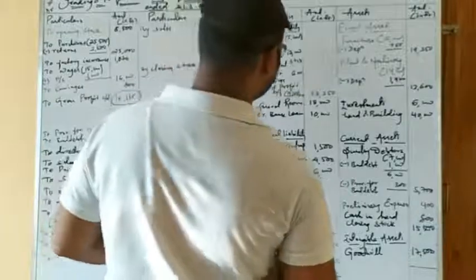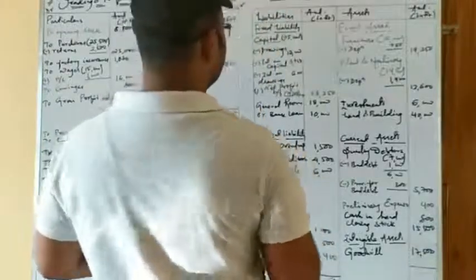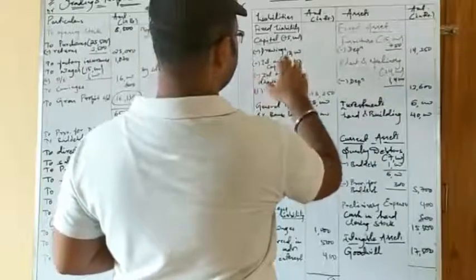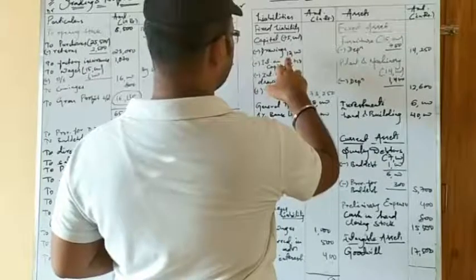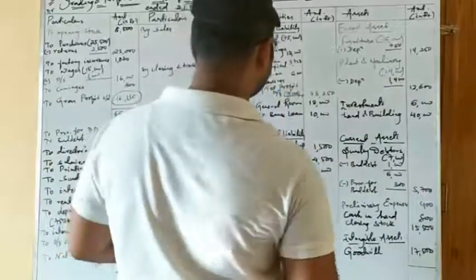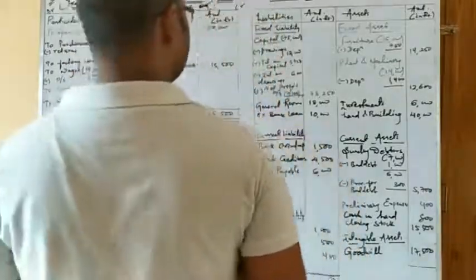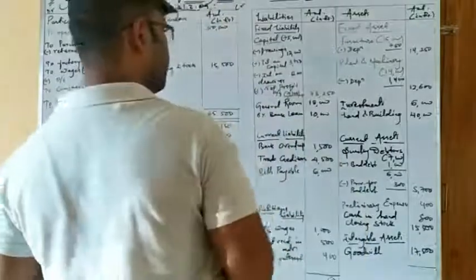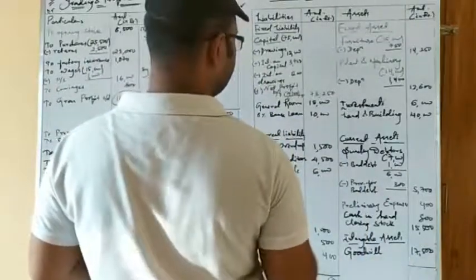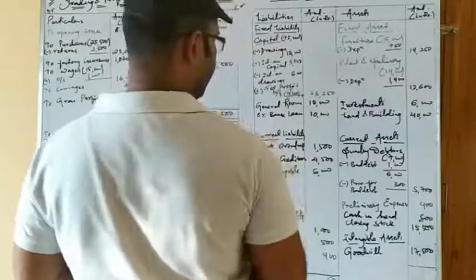I think again we have made a mistake. Let us check: 75,000. This comes to 63,000, 66,750, 66,150, 66,250, 73,250.